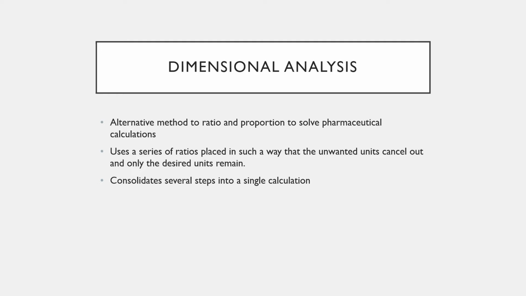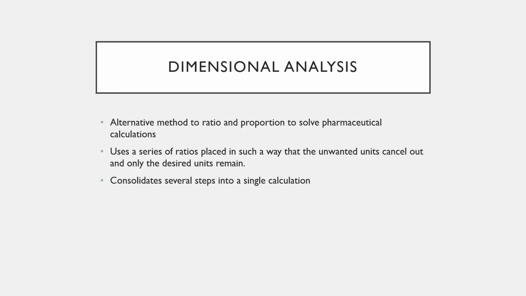In order for the units that you do not want to cancel themselves out, one has to be at the top and one has to be at the bottom. So for example, let's say that milliliters is an unwanted unit. That means if you have milliliter at the top and you also have it at the bottom, those two units will just cancel themselves out.